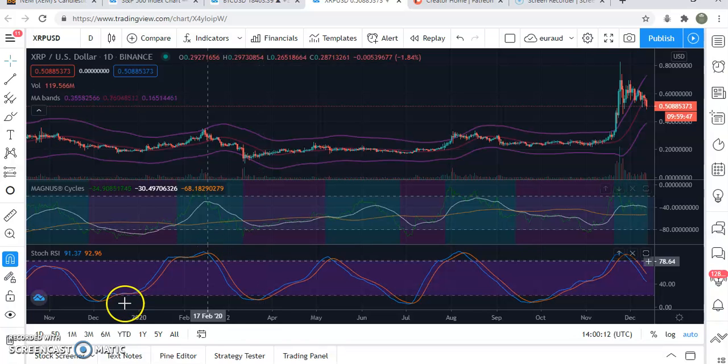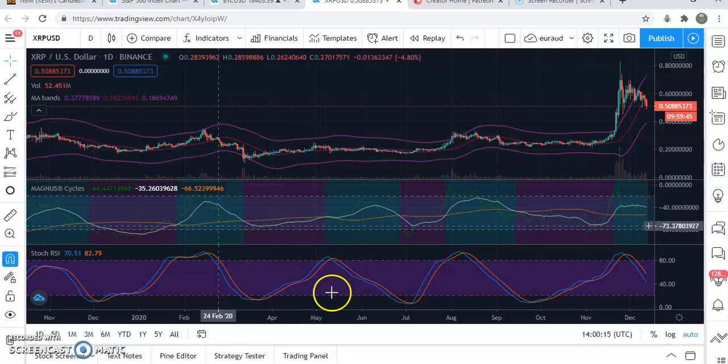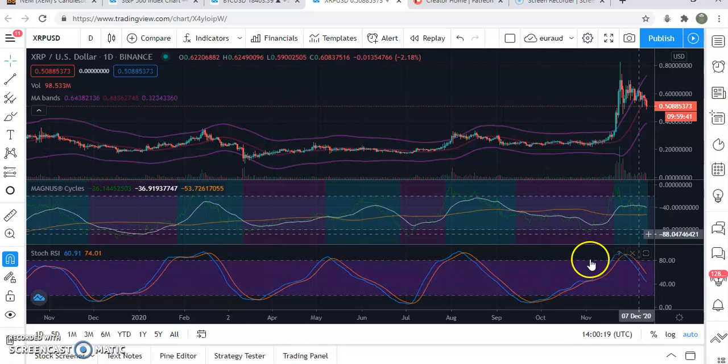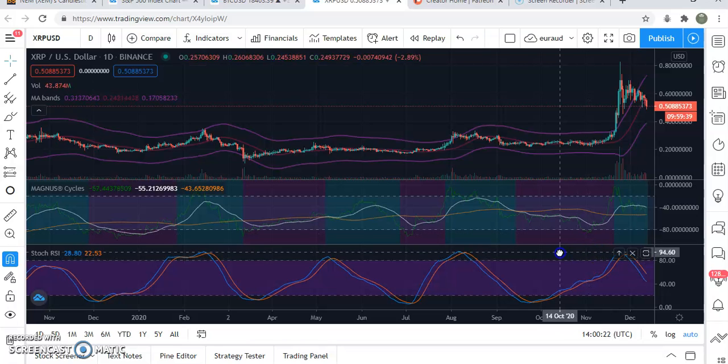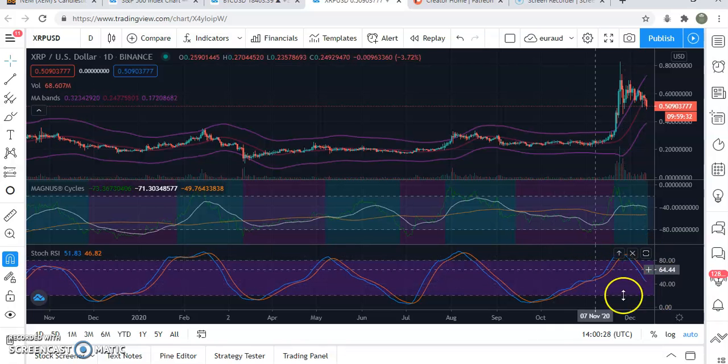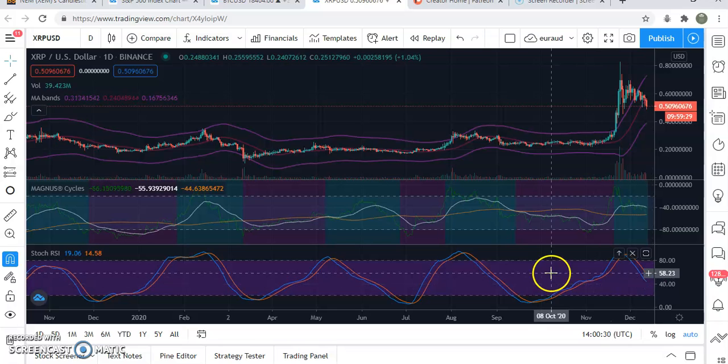So what is happening right now here? As you can see, we are again inside a very short-term bearish movement, and now we will see with my two proprietary indicators where we are. It's just something very short.